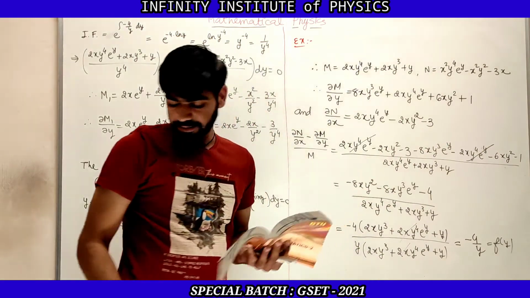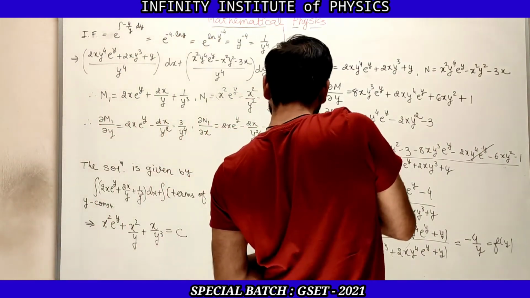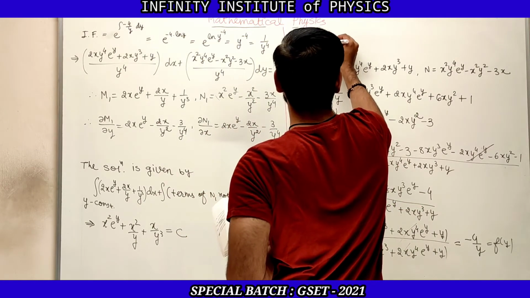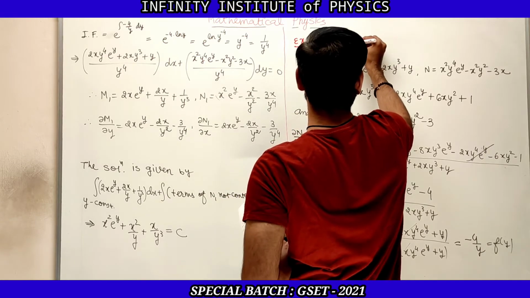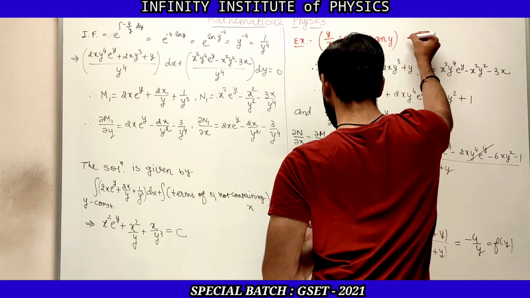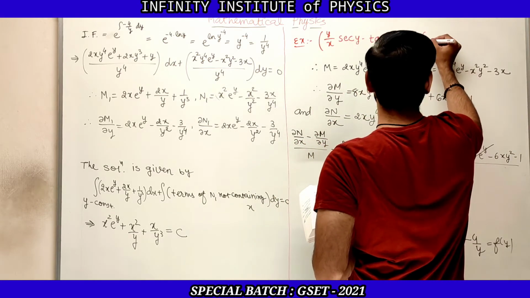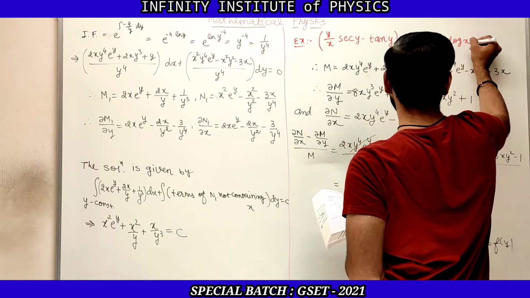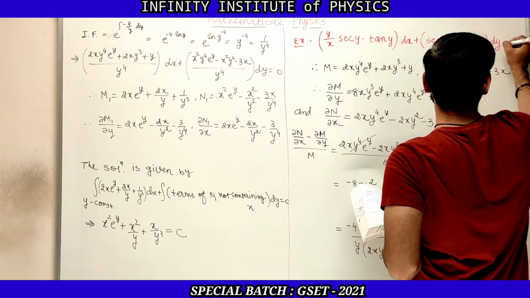Related to this case, that example is (y/x sec y - tan y) dx + (sec y log x - x) dy = 0.